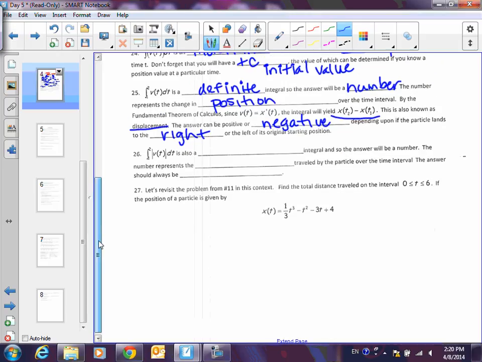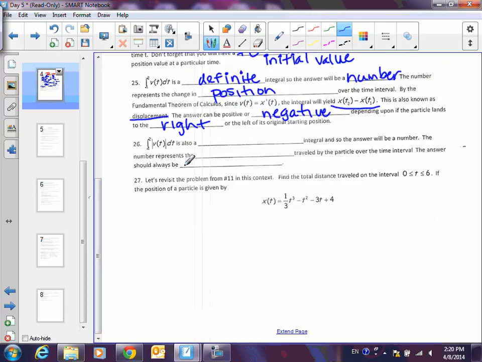All right, what happens when I put absolute value bars around velocity? By the way, this is also a definite integral because it has numbers. It represents the total distance. So here's the difference between 25 and 26.